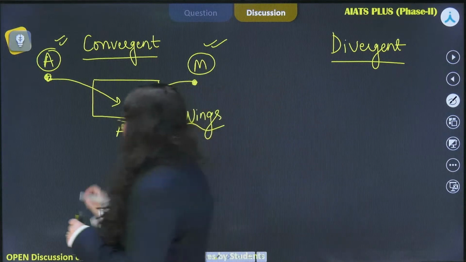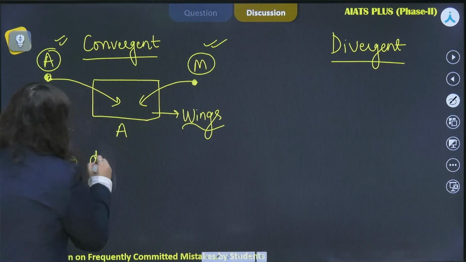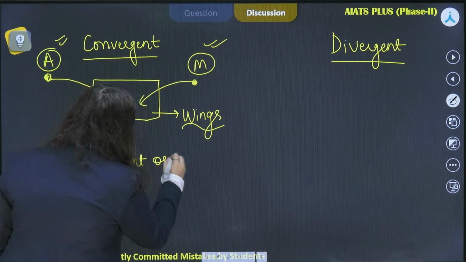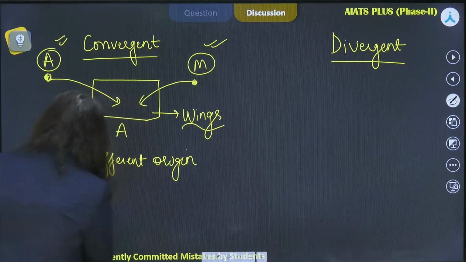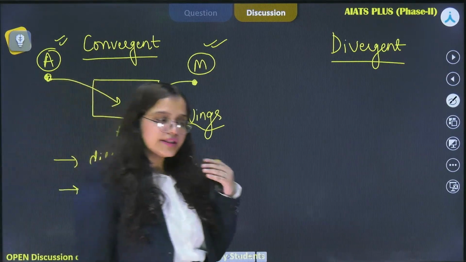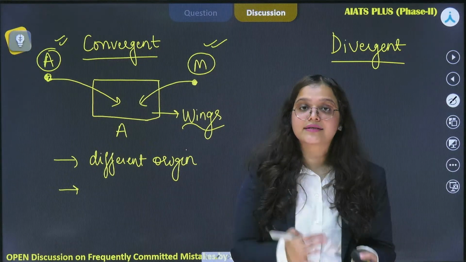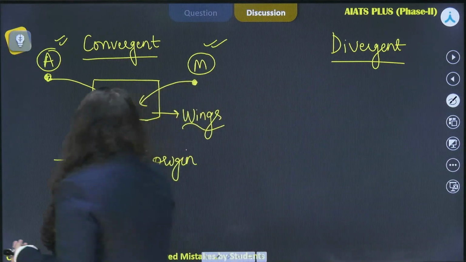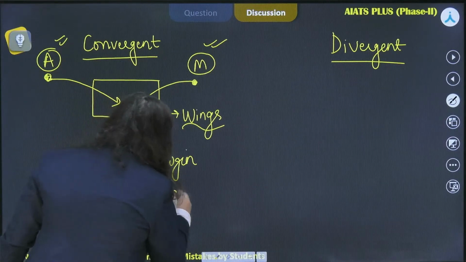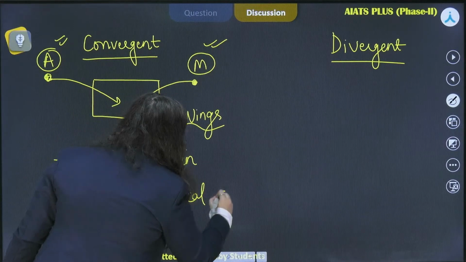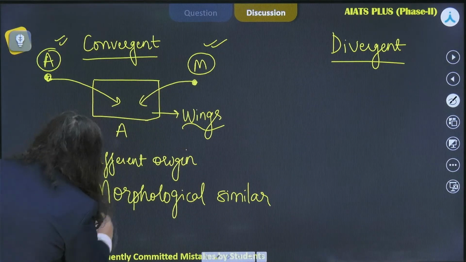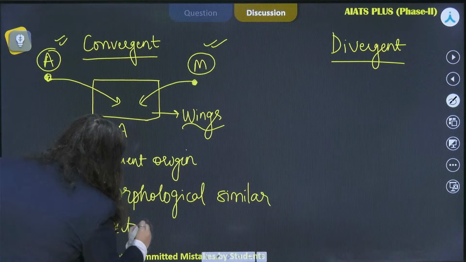So what happened here, we have different origin, and both of them developed wings. On the surface level these wings look similar, they are morphologically similar, but they are going to be anatomically different.